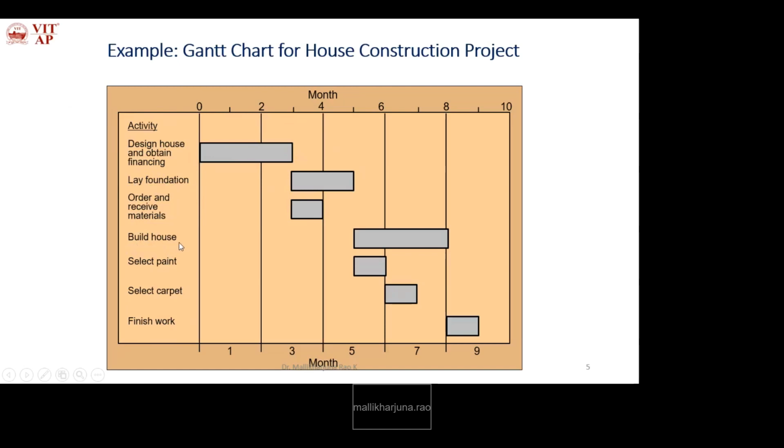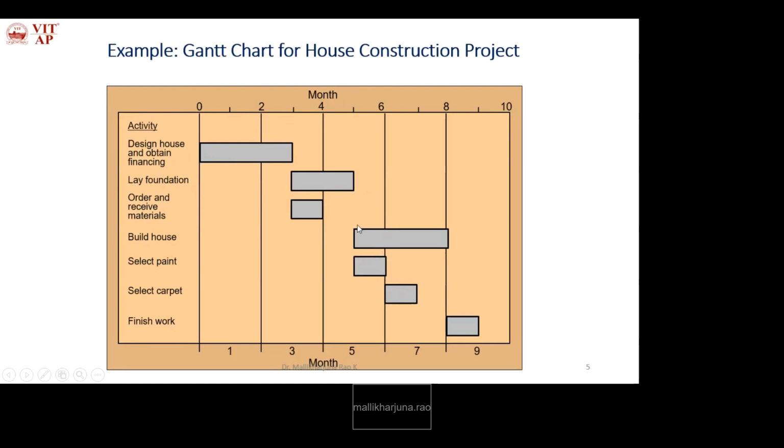Similarly, build house, the fourth activity, starts at the fifth month and ends at the eighth month. If you see, this depends on the second activity, lay foundation, so it starts only after the second activity. Then select paint: this activity also starts at the fifth month and ends at the sixth month.